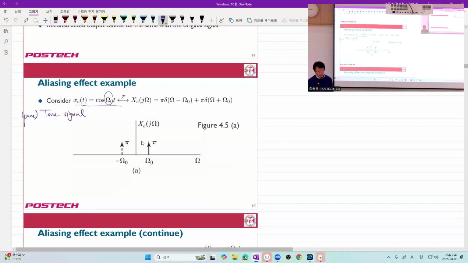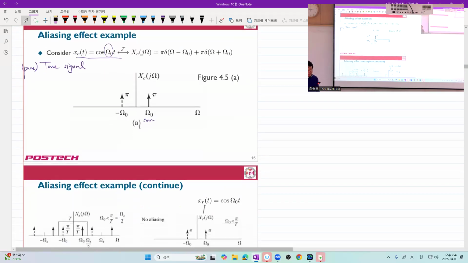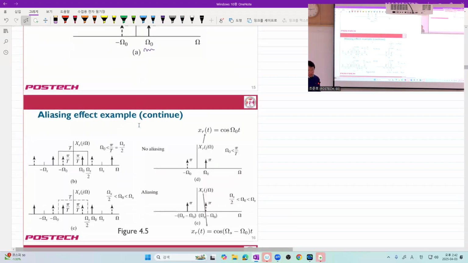And this signal is to be sampled faster than twice the maximum frequency content. And the authors have chosen cosine and have chosen the sampling rate greater than twice the maximum frequency content.